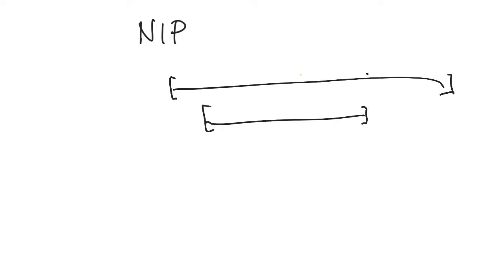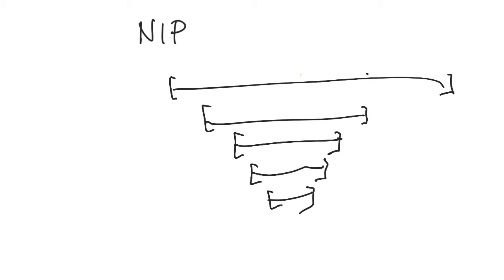The picture to have in mind is about if you have a whole bunch of nested closed intervals like this, and there's infinitely many of them, and you take the intersection of all of them, you want to know what points are in all of them.